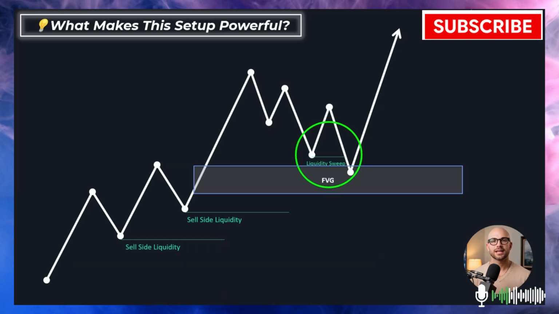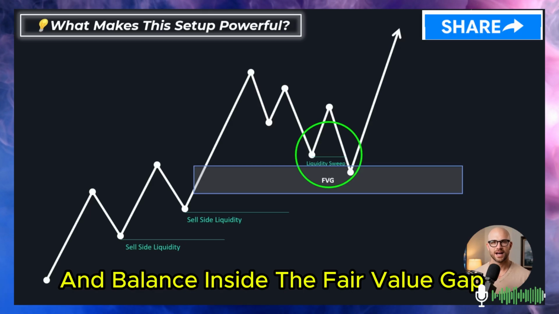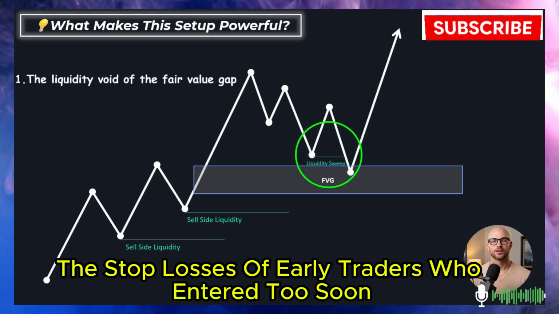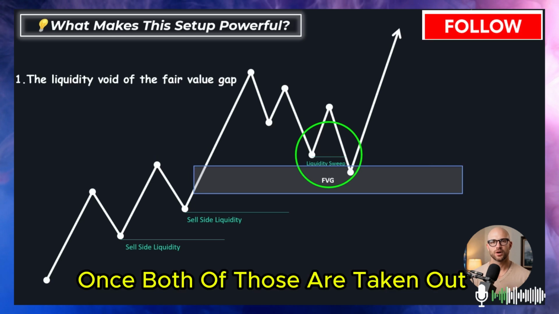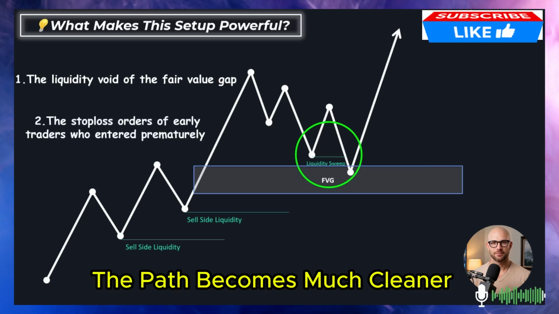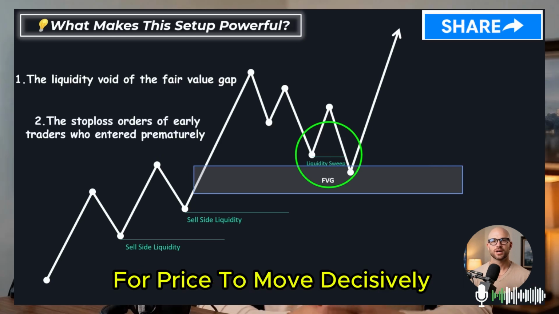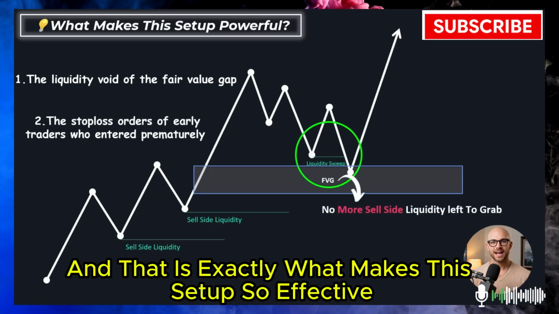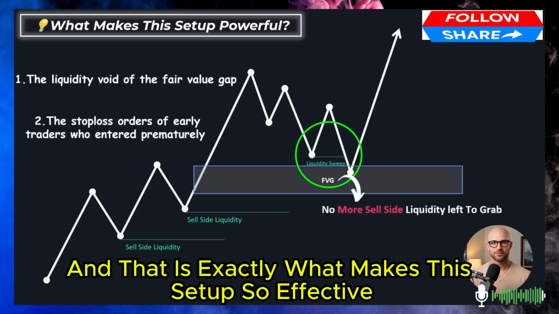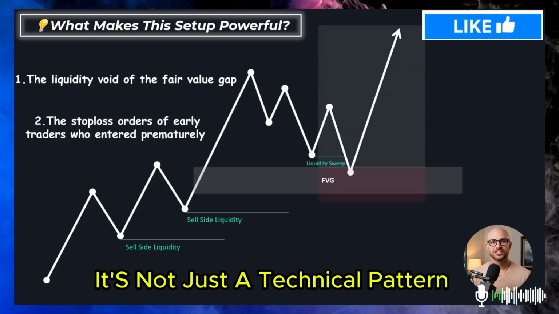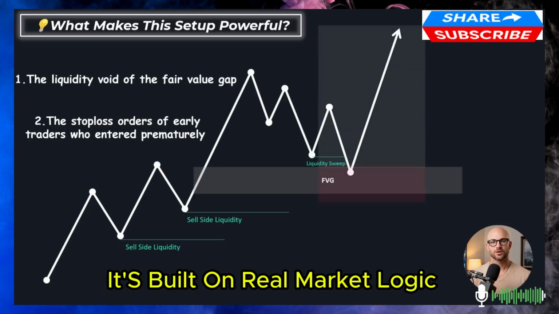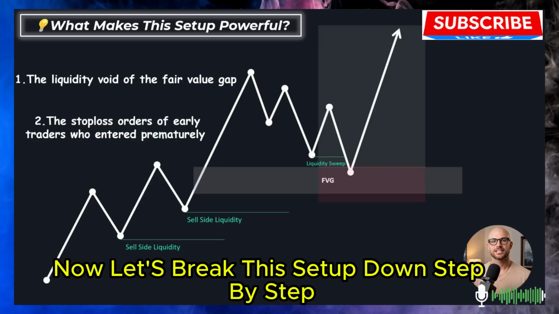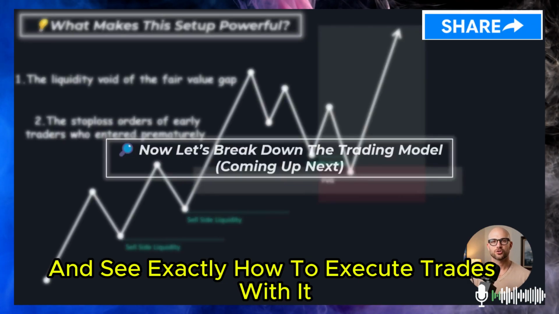First, the liquidity imbalance inside the fair value gap, and second, the stop losses of early traders who entered too soon. Once both of those are taken out, the path becomes much cleaner for price to move decisively toward the next liquidity pool. And that is exactly what makes this setup so effective. It's not just a technical pattern. It's built on real market logic. Now let's break this setup down step by step and see exactly how to execute trades with it.